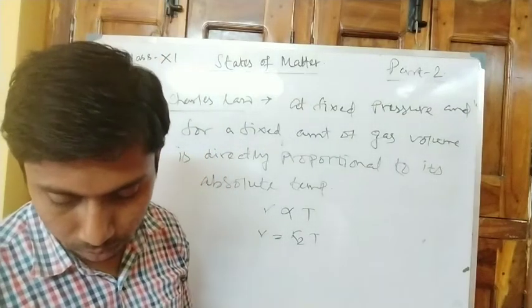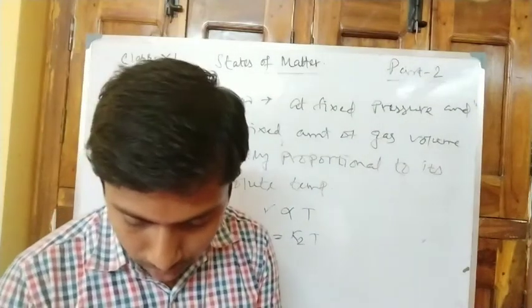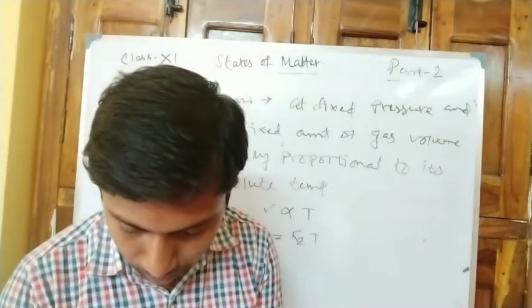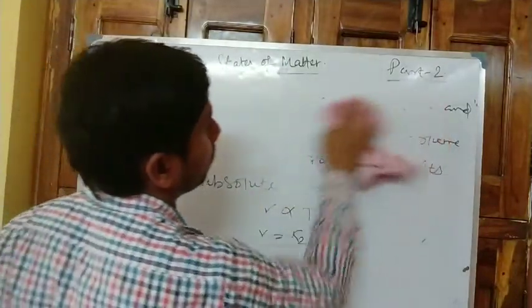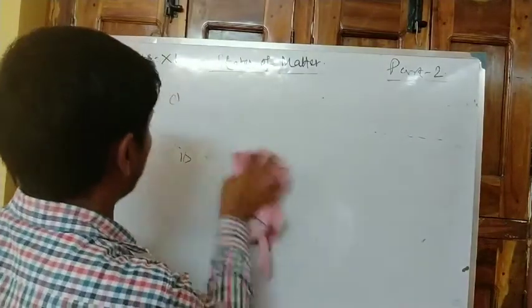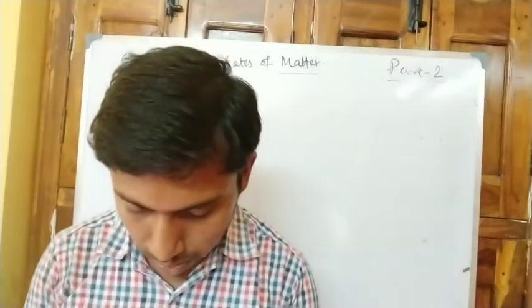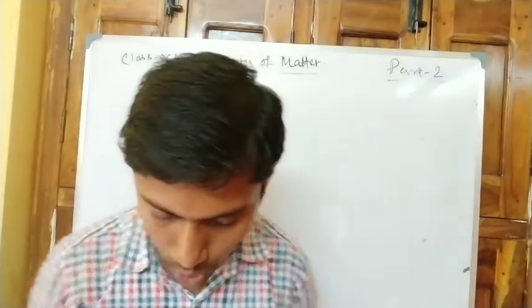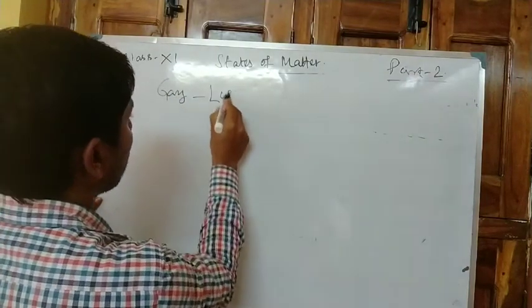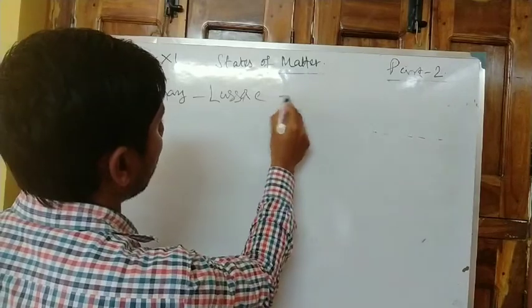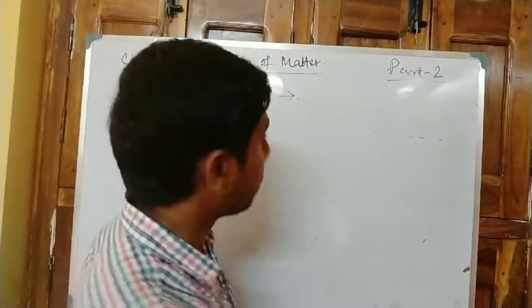Now next one, after Charles' law, it is the Gay-Lussac law of gaseous volume. Gay-Lussac's law is the relation of pressure and temperature.